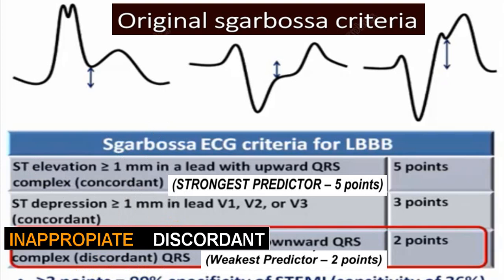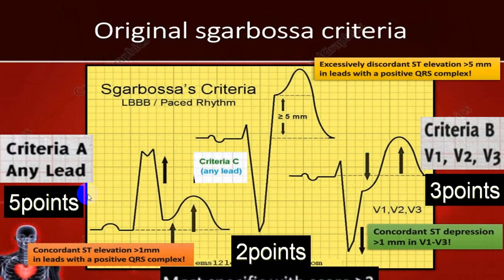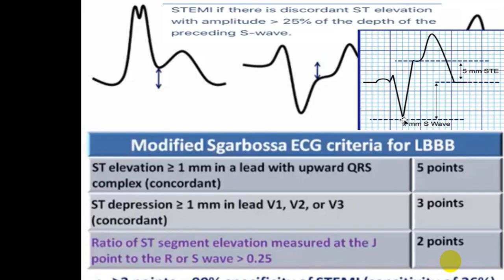So if you get an inappropriate discordant elevation, this is 5 points, this is 3 points, and this was only 2 points. So the modified criteria came in. More specific is if you get a score of more than 3, then it is specific. So the ratio of ST segment elevation at the J point to the R or S wave, if it is more than 0.25, was given 2 points and was significant.